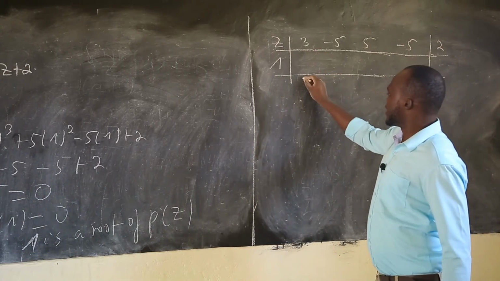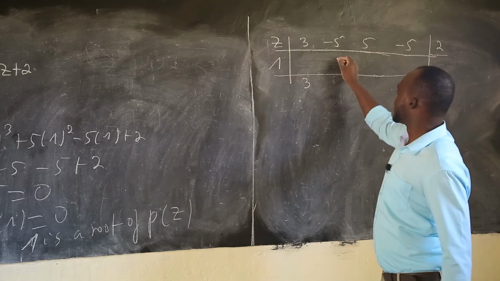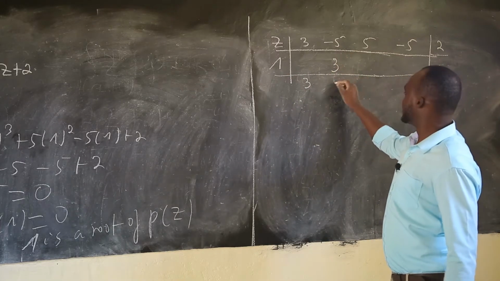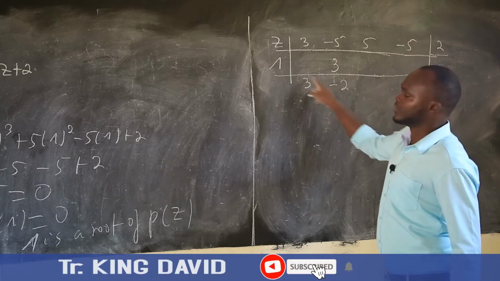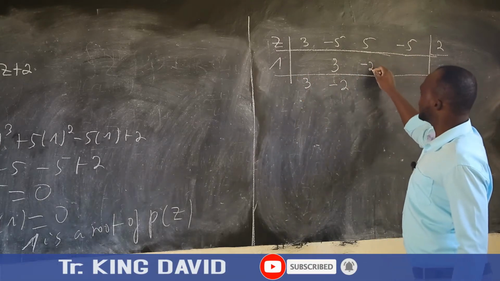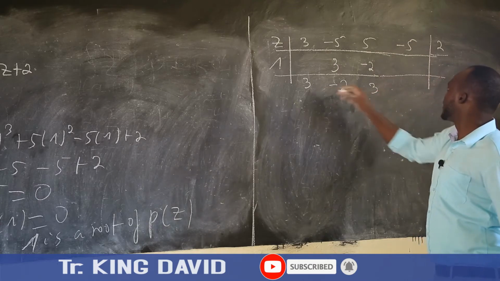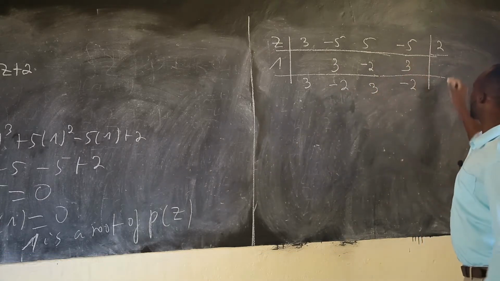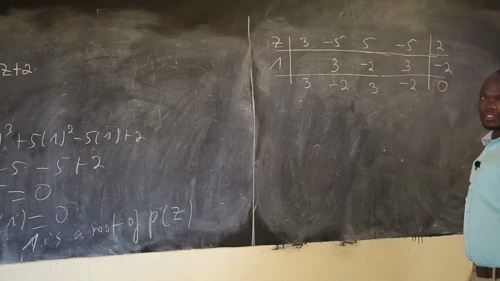So bring this 3 here. 3 times 1 is 3. Negative 5 plus 3 is negative 2. Negative 2 times 1 is negative 2. Then 3, 3 times 1 is 3. That's negative 2. Negative 2 times 1 is negative 2. Here we get 0.